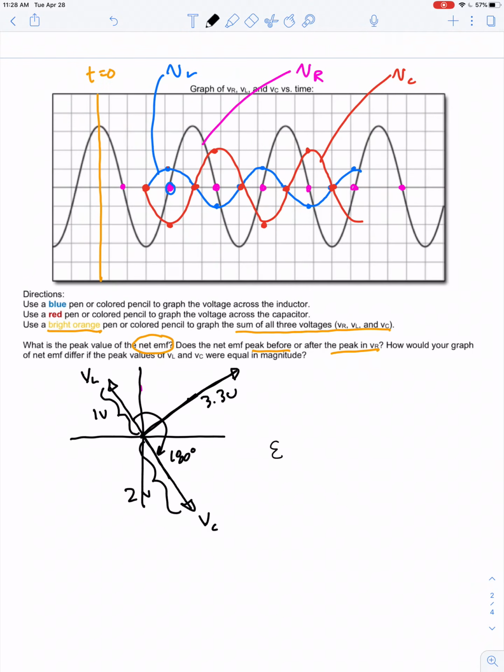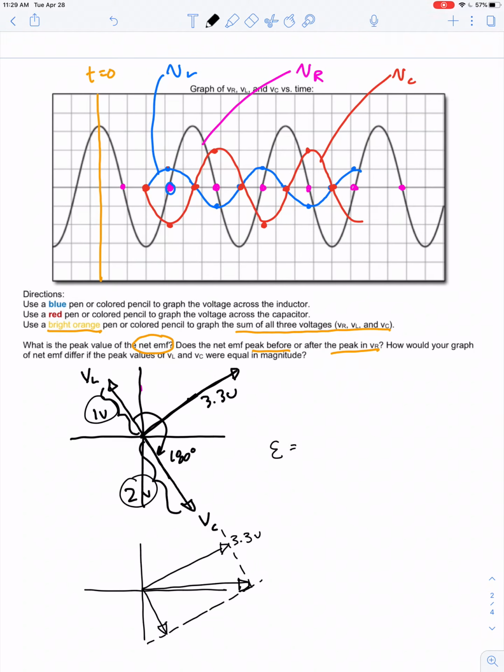The overall EMF: if I draw this phasor diagram once again, I have to keep the voltage across the resistor as 3.3 volts. But combining 2 volts in this direction with 1 volt in this direction is just as good as having 1 volt this way. Using the parallelogram method for vector addition, finding a resultant, this just follows from the Pythagorean theorem.